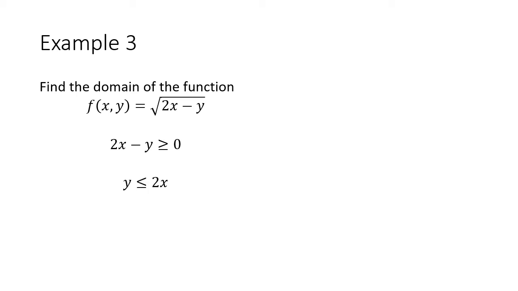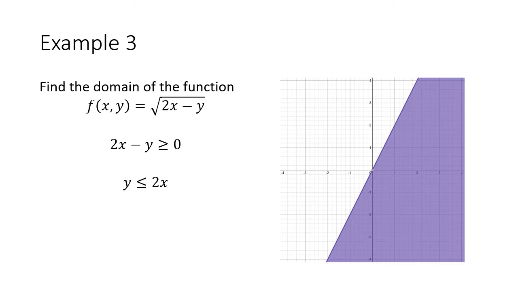It's not always necessarily the most useful because, again, if we're talking about something in the xy plane, typically isolating y is going to be the more useful way to understand what's going on. And then, of course, we can graph it. And so if y is less than or equal to 2x, well, there's my domain. And every ordered pair in the blue is going to be part of my domain. So, for example, the ordered pair 3, 0 is absolutely going to be in my domain.